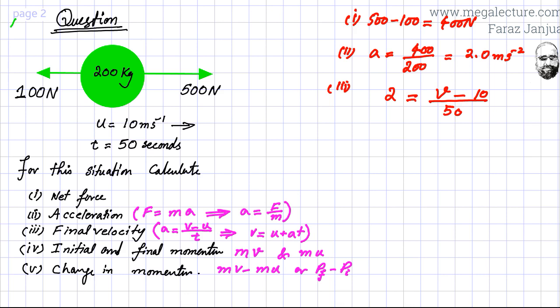So when I solve it, this 50 goes to the other side of the equal sign, and as it is dividing over here, when it goes over there it multiplies, and this minus 10, when it goes over there, becomes plus 10. 50 multiplied by 2 is 100, plus 10 should be 110. So final velocity will be 110 meters per second.